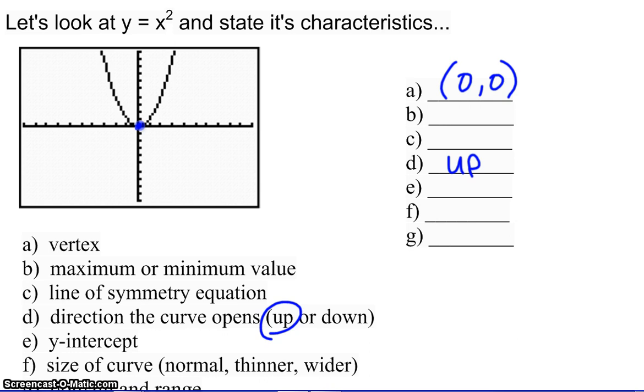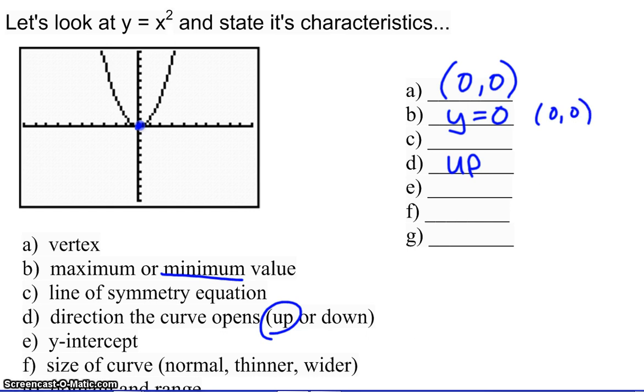That means that the point 0, 0 is the lowest point on this graph. It doesn't get any lower than that. So the minimum value is when the y value is equal to 0. It's at the point 0, 0.